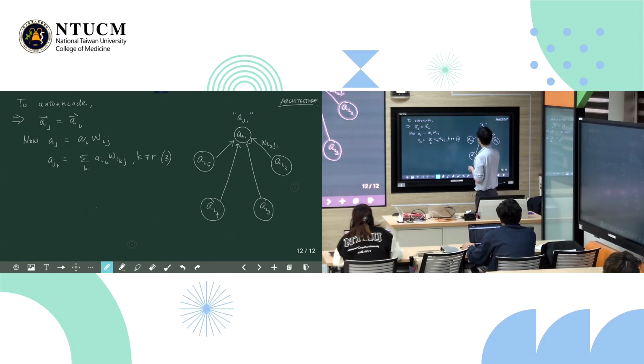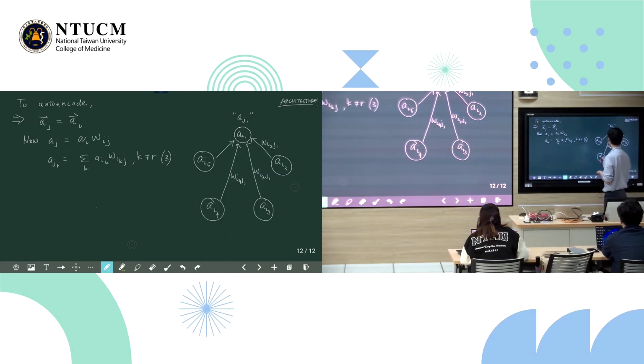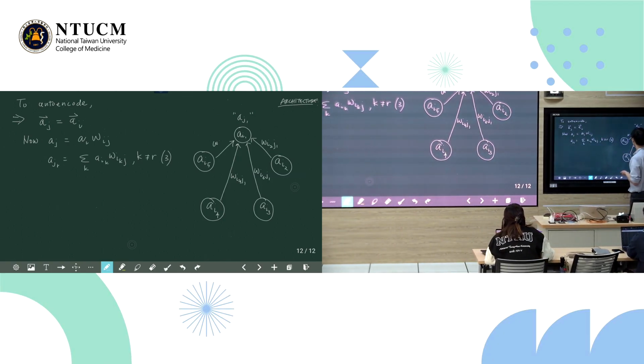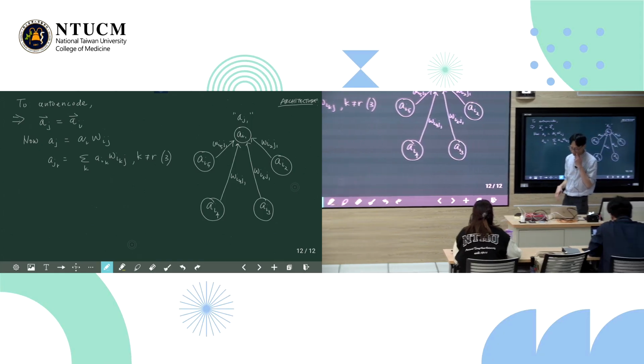So AJ1 is equal to the W I2 J1 weight times AI2, WI3 J1 weight times AI3, WI4 J1 weight times AI4, WI5 J1 weight times AI5 activity.